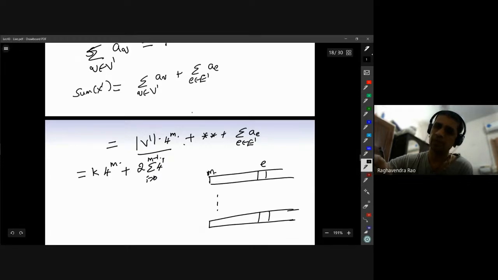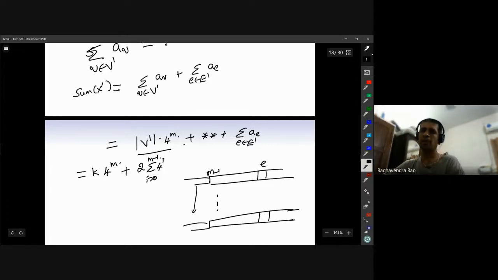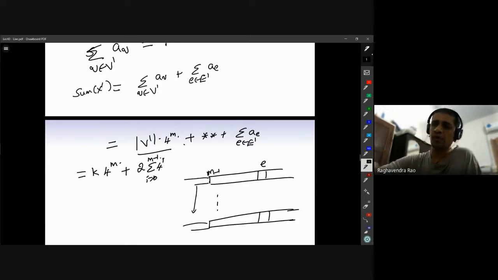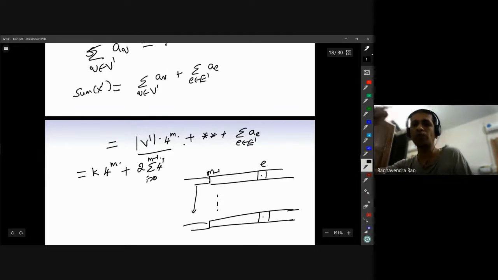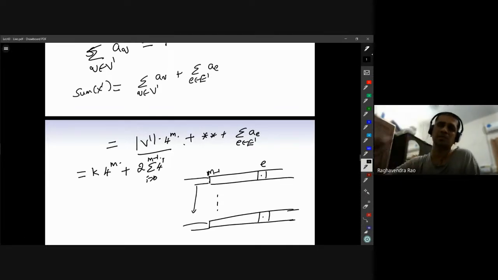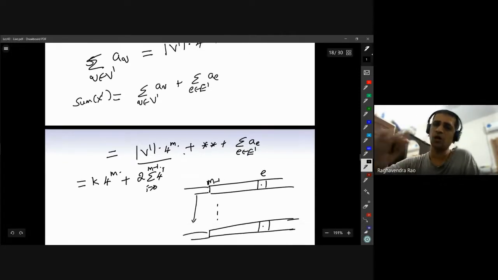So these contribute to cardinality of V prime. Now for the remaining ones, when you add, the digit at a position E corresponds to the number of times the edge E appears in this summation, either in star star or E prime. E prime will have at most one, right? It's a subset of edges, so it will contribute at most once for an edge.